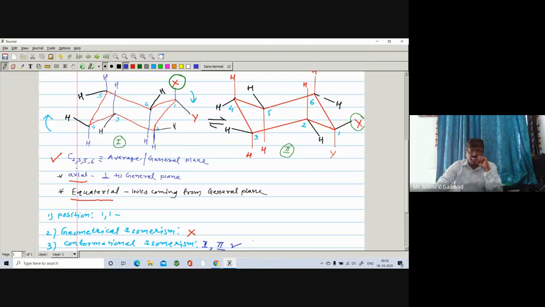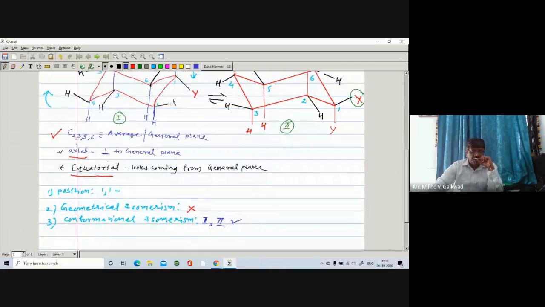Now the next point you have to see is optical isomerism. You know what is meant by optical isomerism?